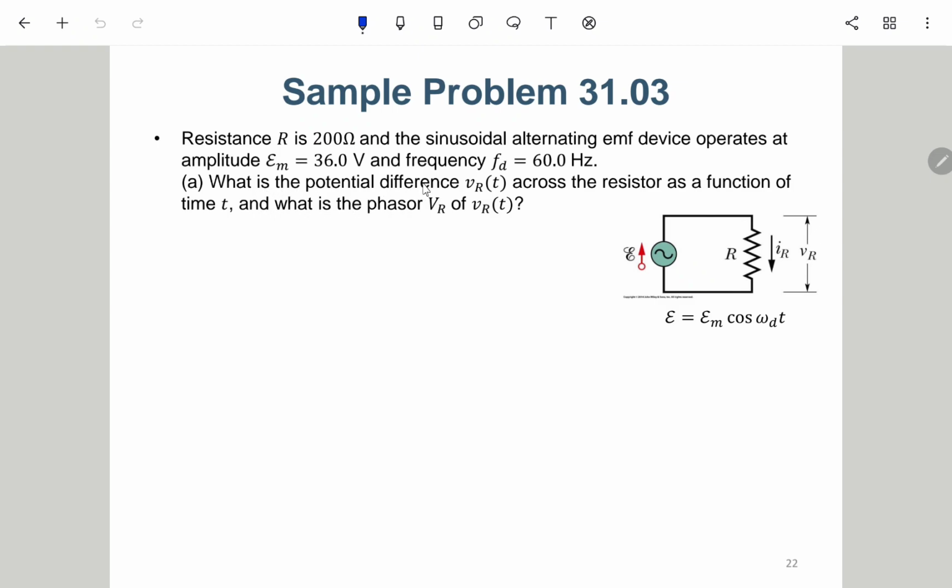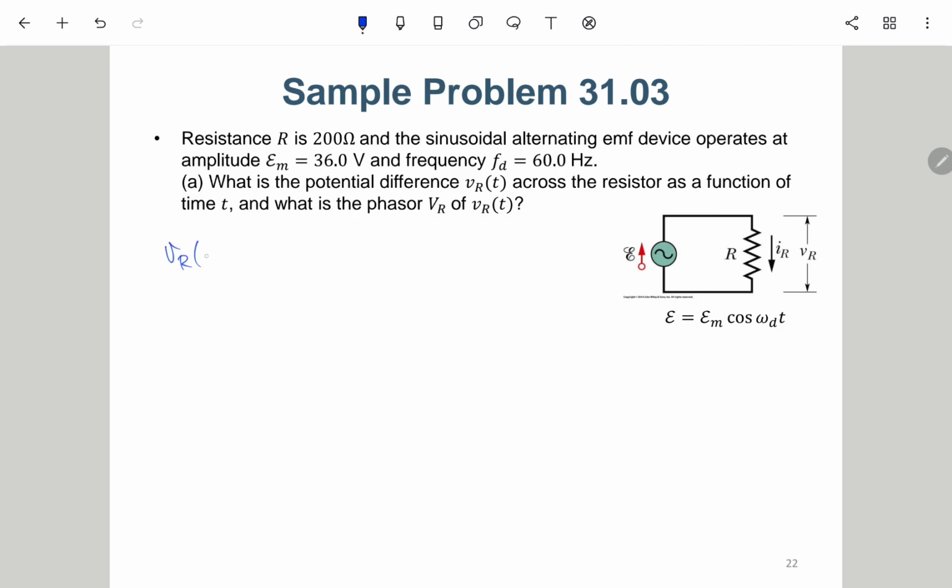What is the potential difference VR across the resistor as a function of time t, and what is the phasor VR of t? Actually for a resistor it is very trivial.